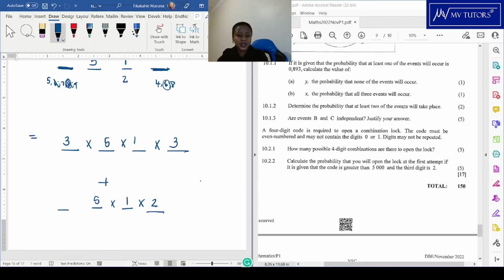Sorry, there's 6 available for me, not 8. So 6 is available for me to use, 5, 7, and 9 are available, but actually I've already used 5, 7, and 9. So I have between 6 and 8. And if I use only 6, because 8 is somewhere there, then I only have 1 available option.